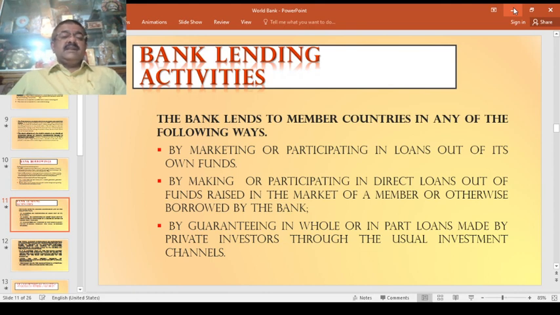And bank lending activities. After borrowing, there should be some lending activities too. The bank lends to member countries in any one of the following ways: by making or participating in loans out of its own funds; by making or participating in direct loans out of funds raised in the market of a member or otherwise borrowed by the bank; and third, by guaranteeing in whole or in part loans made by private investors through the usual investment channels.